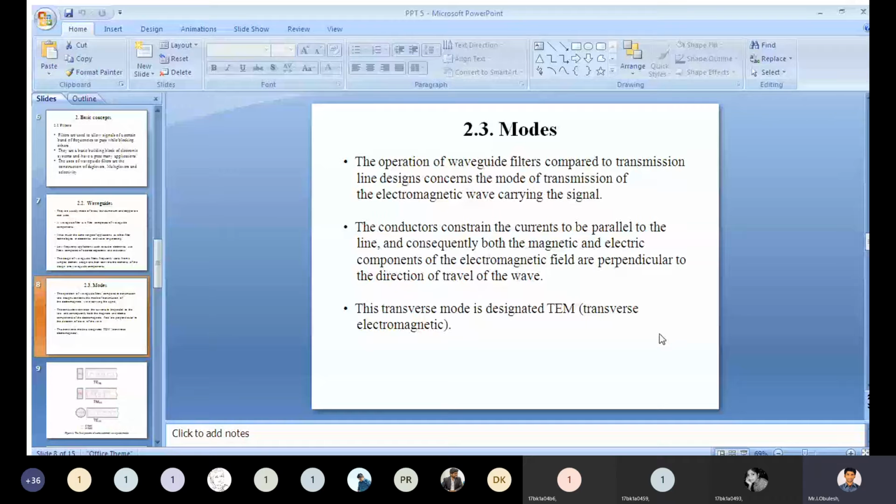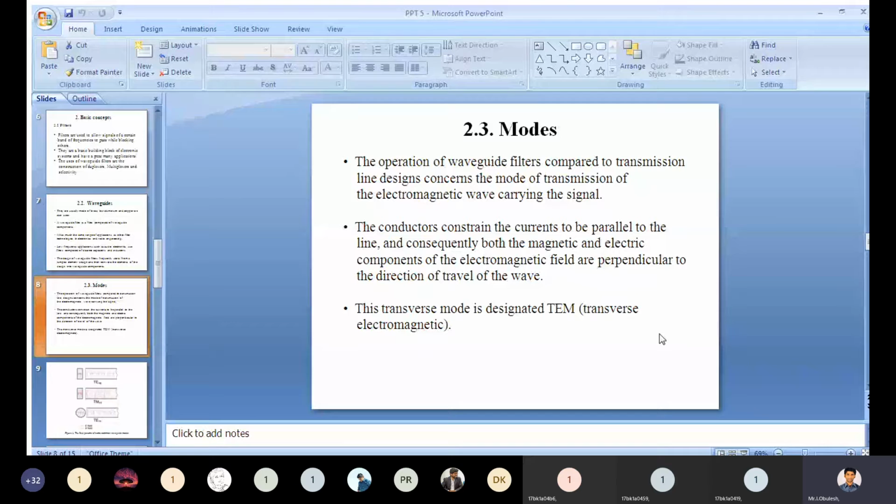This transverse mode is designated TEM, transverse electromagnetic. On the other hand, there are infinitely many modes that any completely hollow waveguide can support, but the TEM mode is not one of them.